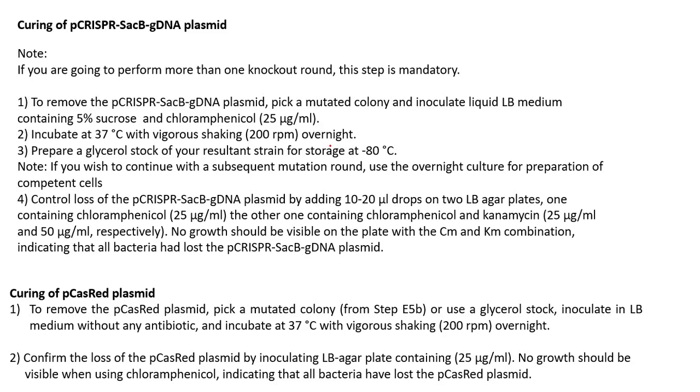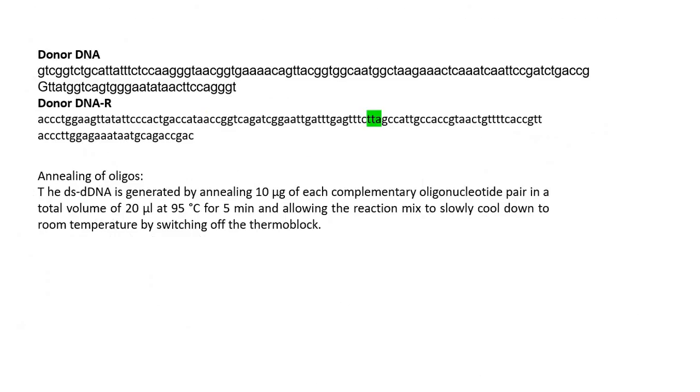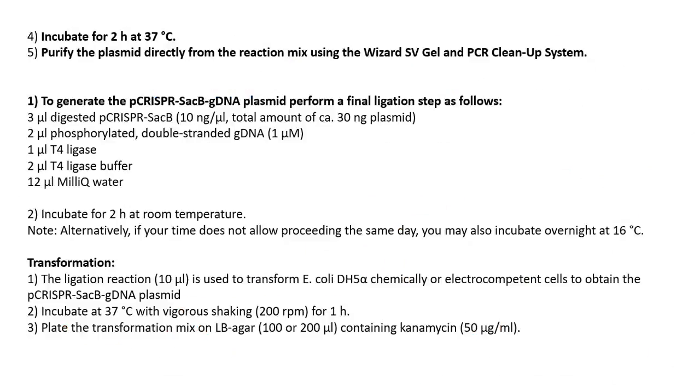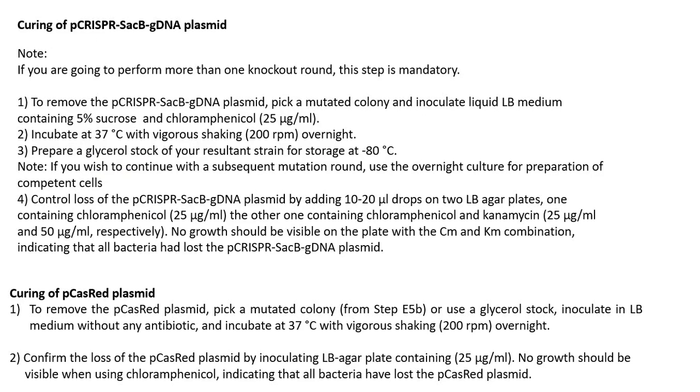First of all, when you have the mutated colony, you are adding the sucrose and the chloramphenicol and the kanamycin. There you will not get any kind of growth, because the SacB gene is present. So SacB will convert sucrose to a toxic product. And again, the SacB plasmid, I think it's not chloramphenicol, it's kanamycin. Let me just see this. This is kanamycin. So you have to grow these cells in the presence of kanamycin.